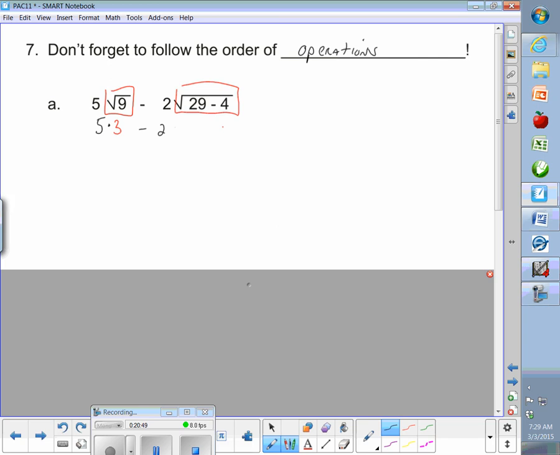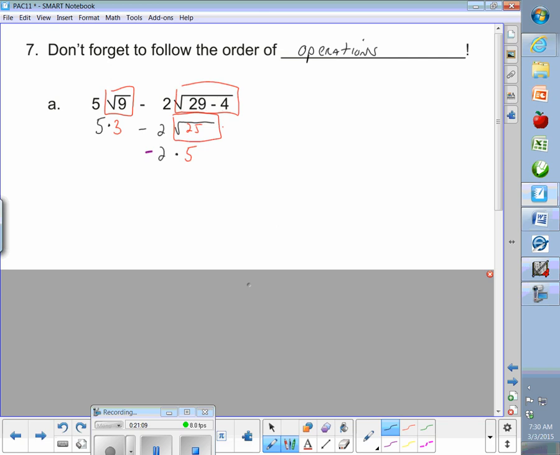Okay, in the second part, I've got to simplify this radicand first, don't I? So really I end up with a negative 2 times the square root of 25. Now I'm able to perform the operation on the radicand, and the square root of 25 is 5. Still have a negative 2, and that's times.